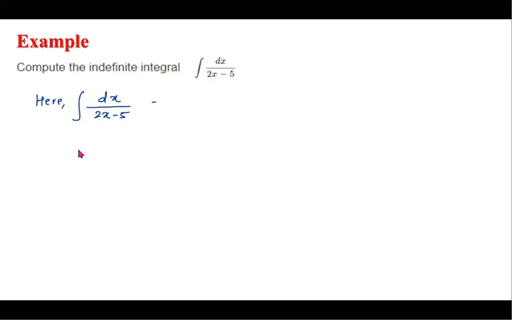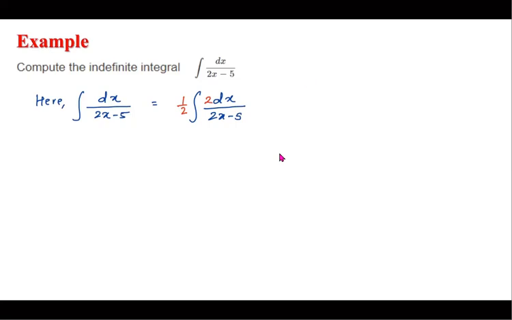So we can rewrite it like this: dx over 2x minus 5. The derivative of 2x minus 5 is 2, so we can write 2 dx. If we multiply by 2 here, I also need to multiply by half, so that half times 2 is a 1. So I'm not changing the value of the integral, but by doing that, we are ready for U substitution.